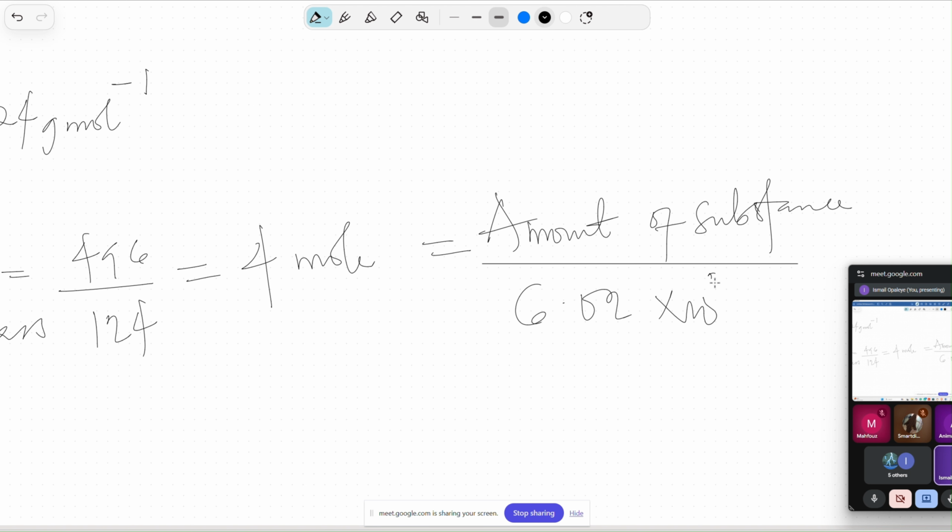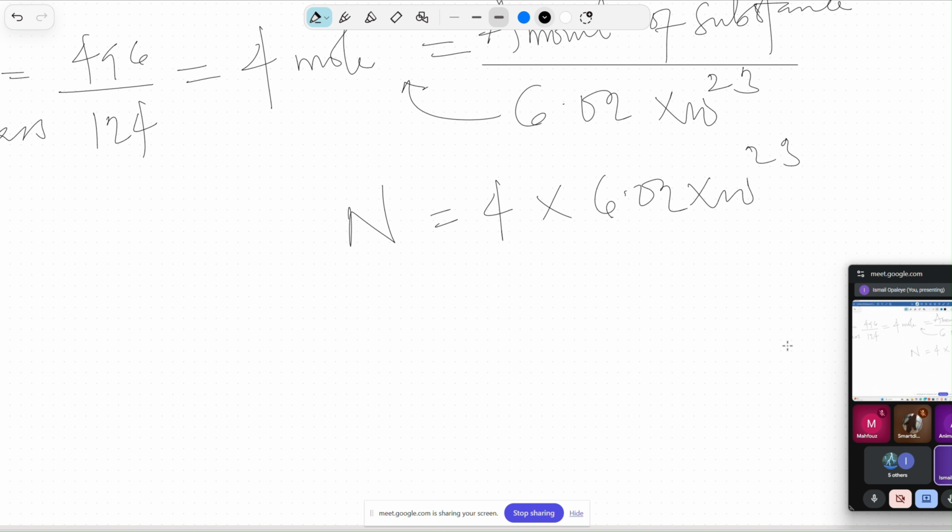So to get the number of molecules, which is the amount, you just multiply this to this side. So you have that to be 4 times 6.02 times 10 to the power 23, and you have that to be 24.08 times 10 to the power 23. That will be the number of molecules.